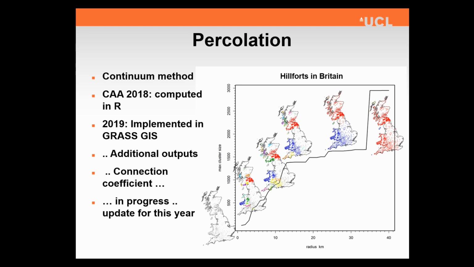As I presented last year, that was implemented in R, but now we have a solution which has been implemented in GRASS GIS. And one of the drivers for that, and I can talk about that offline in more detail, is to generate some more outputs, and in particular, the connection coefficient. This is very much a progress report, an update, it's work in progress.